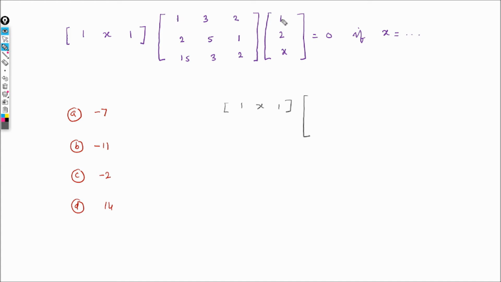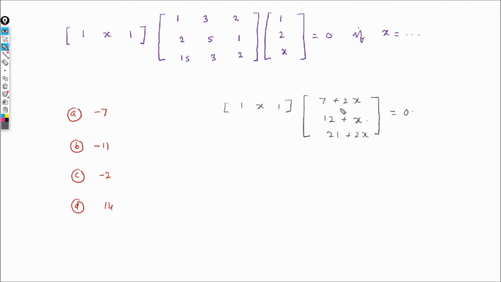Here 1 into 1 plus 6, 7 plus 2x. Here 2 plus 10, 12 plus x. 15 plus 6, 21 plus 2x. This is equal to 0.